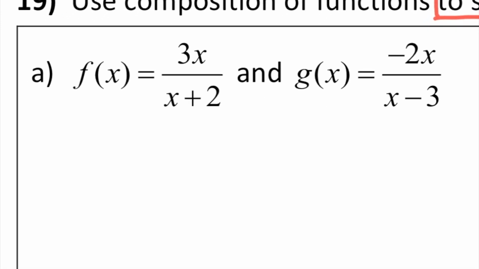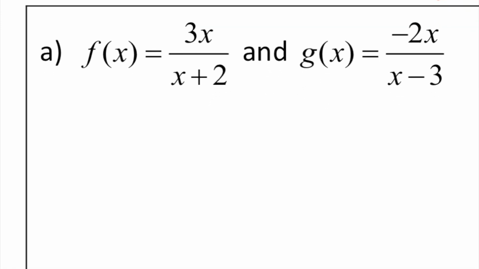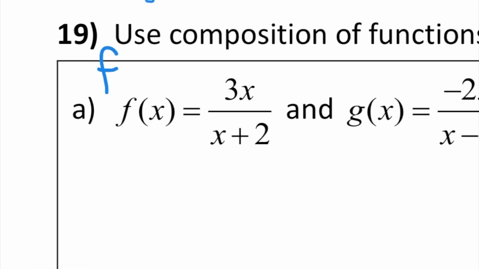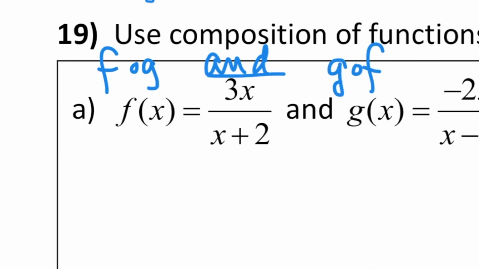So, for example here, what you're going to want to do is do both f of g and g of f. And so, excuse me, if both of those equal just x, both f of g equals x and g of f equals x, then the two functions are inverse functions.